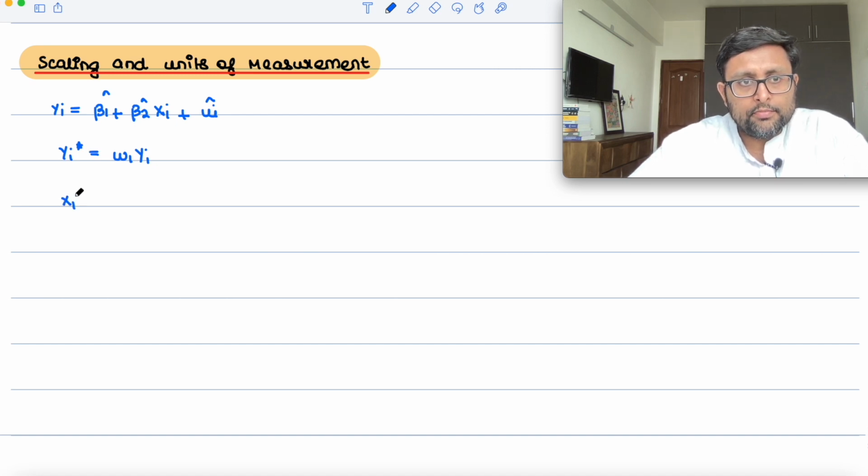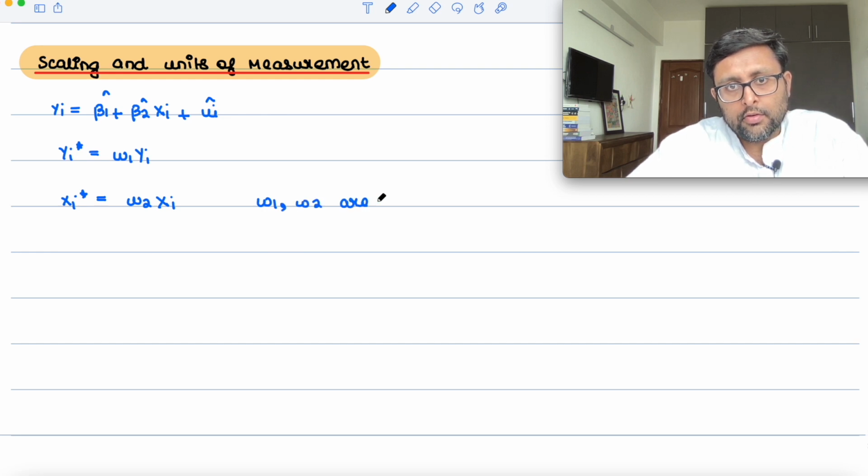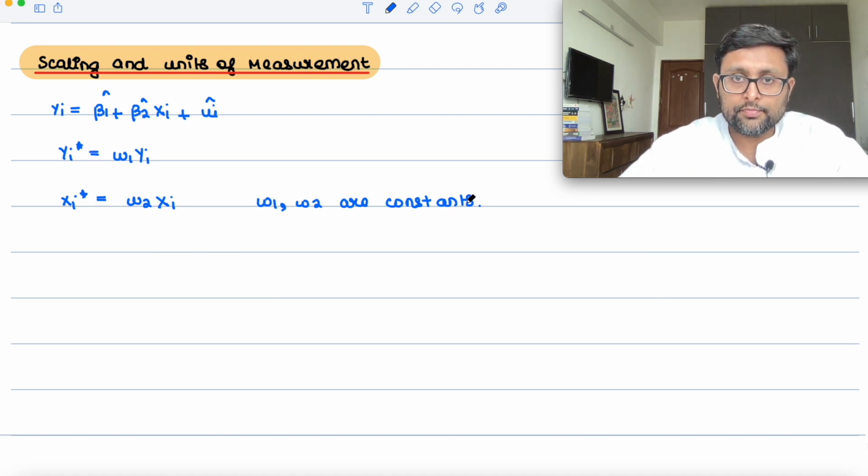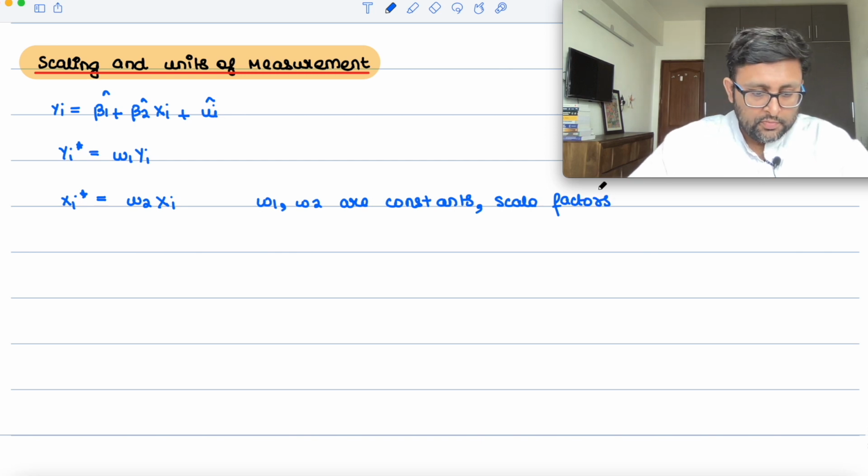Xi star is, let's say, w2 xi, where w1 and w2 are called constants. They are called scale factors, right?